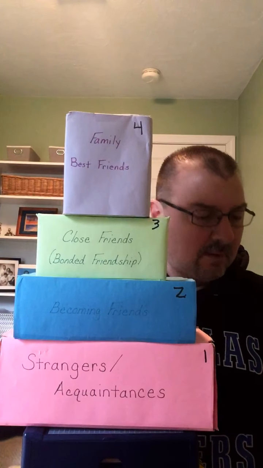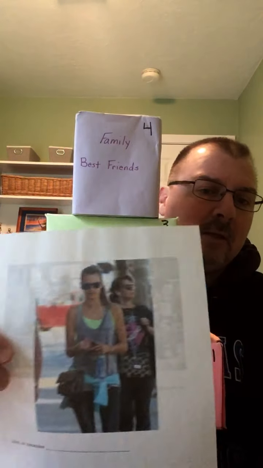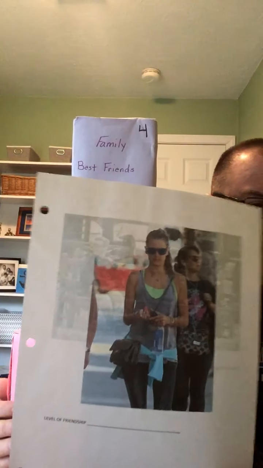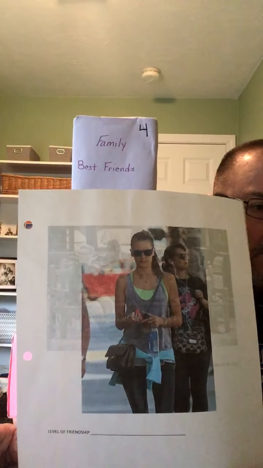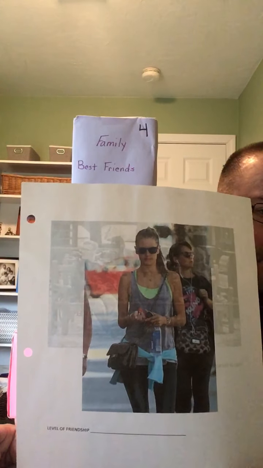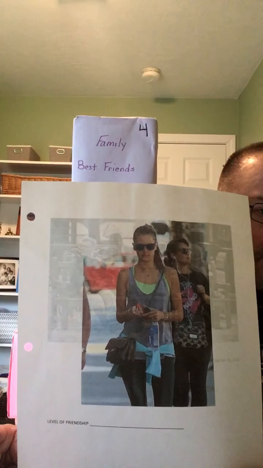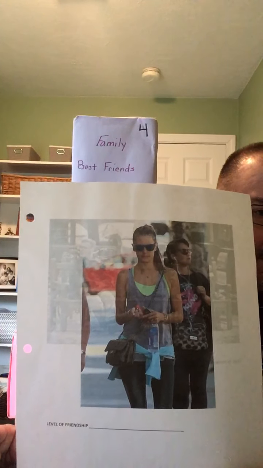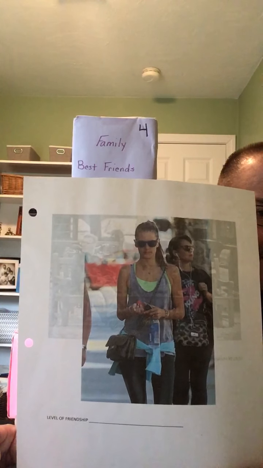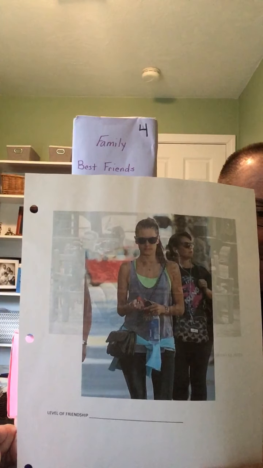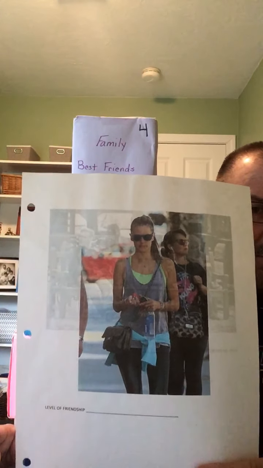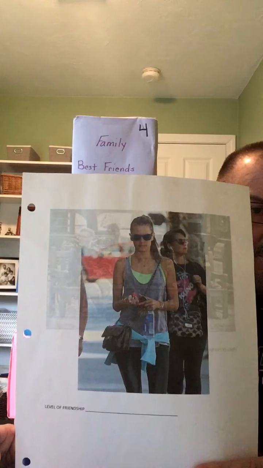Number 8 is this young lady walking down the street. She's got her headphones on. Looks like she's either going to the gym or coming home from the gym. There's a woman behind her. She's got headphones in as well, sunglasses on, and not sure where she's going, but she's behind her in the picture. What relationship do you think they have?